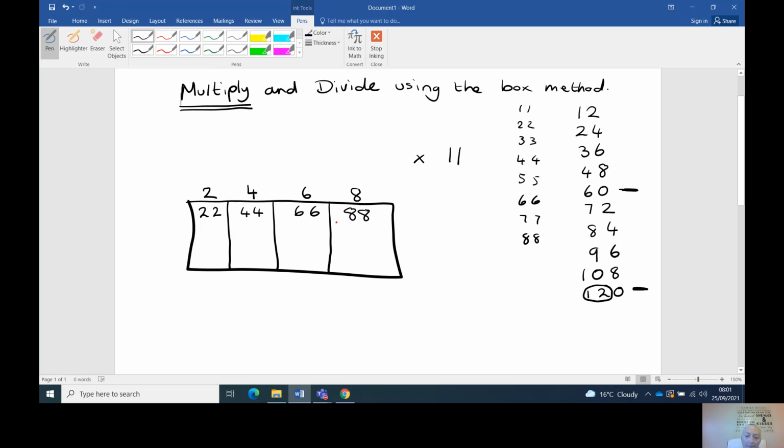Right, last number, keep. Add this one on, which is 14 and 7. Last number, keep. Add this one on, which is 11 and 51.